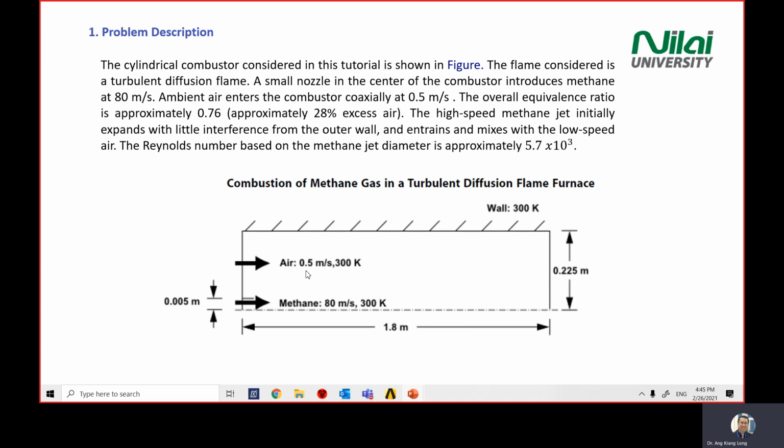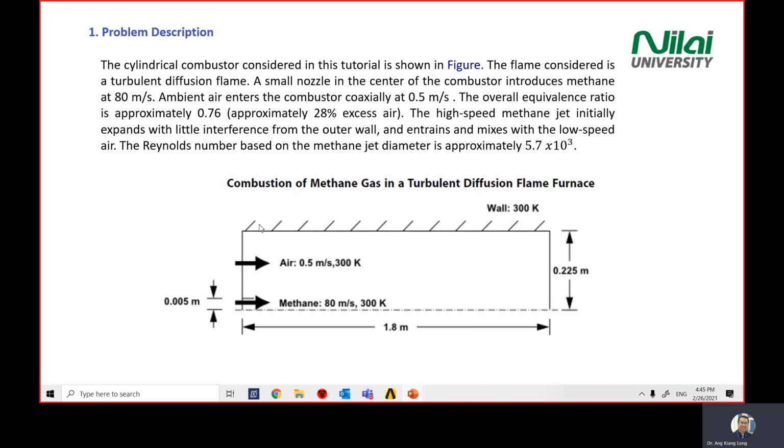The air will come in at 0.5 meters per second at this temperature, and the methane, or CH4, comes into this small inlet here at 18 meters per second at 300 Kelvin, and the radius of this inlet for methane will be 0.005 meters. So later we will have two inlets over here, one for air and one for our fuel, methane. And then we have one outlet. Later we'll define this section as pressure outlet.